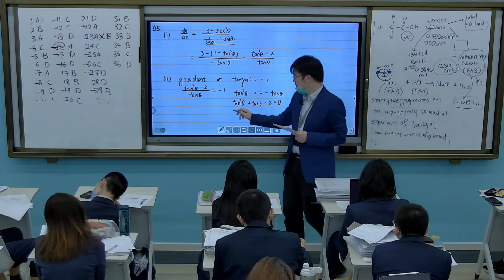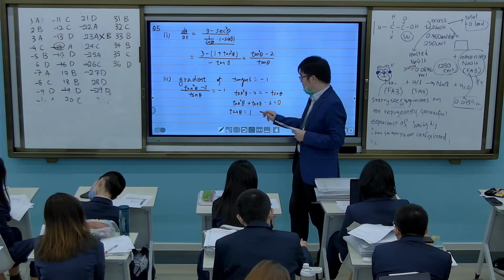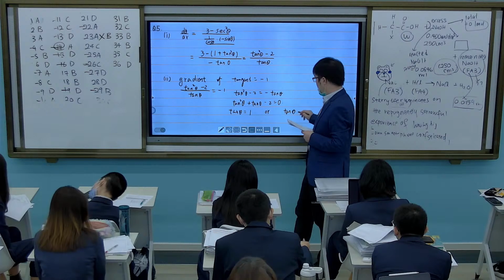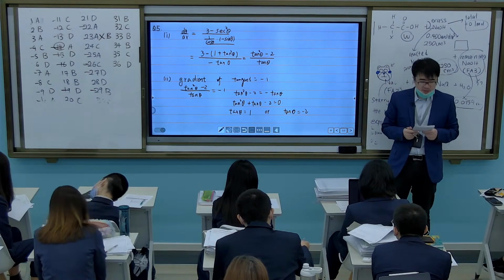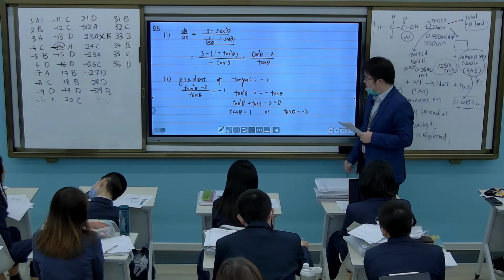So now what is the value of tangent theta? Either 1 or -2. But we know that theta is in the range from 0 to half pi.